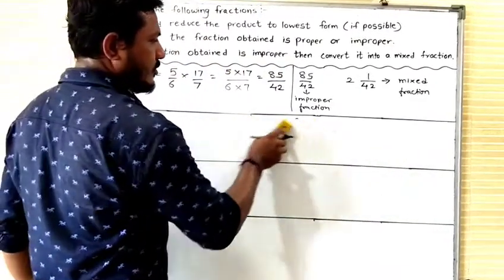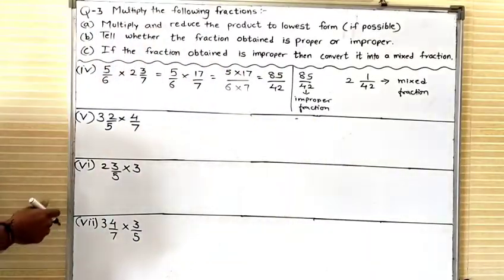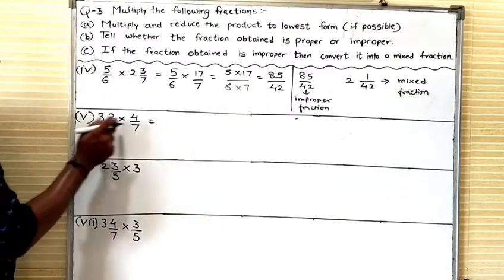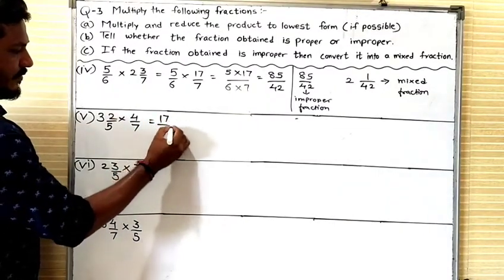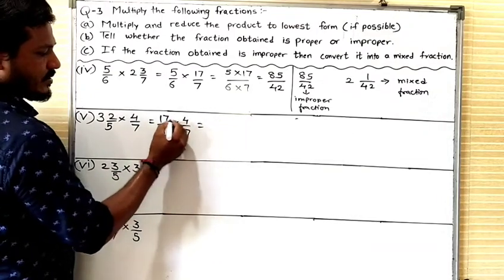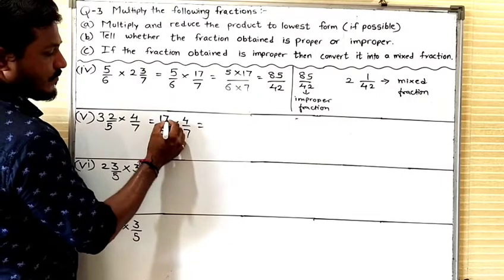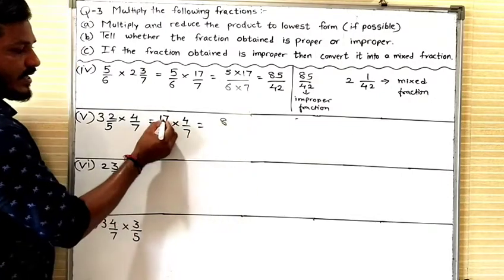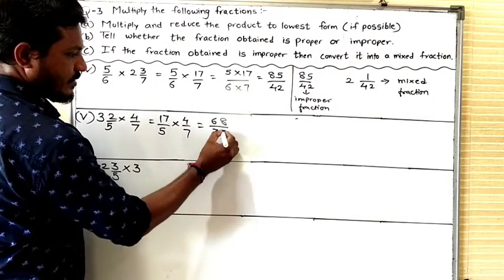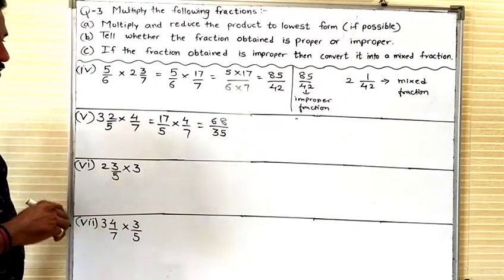Now the second one, convert this. 3 5s are 15, 15 plus 2 is 17 by 5, times 4 by 7, multiply it. 17 4s are 68, 7 5s are 35. Here also it is not possible to reduce.